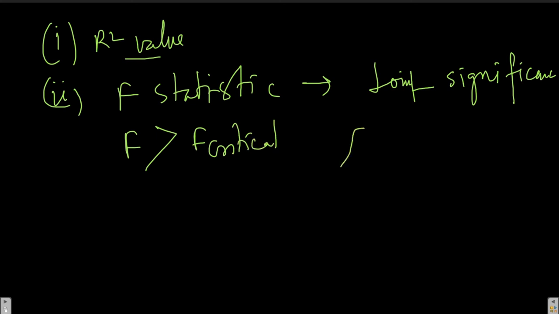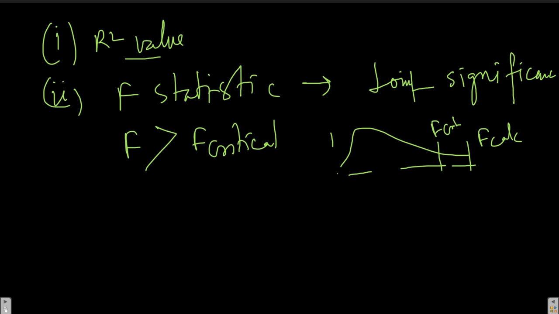So if F critical is here and F calculated is here, then your model has significance, so there is an autocorrelation structure present in the model. This is how we use the F statistic, and we are already familiar with this.